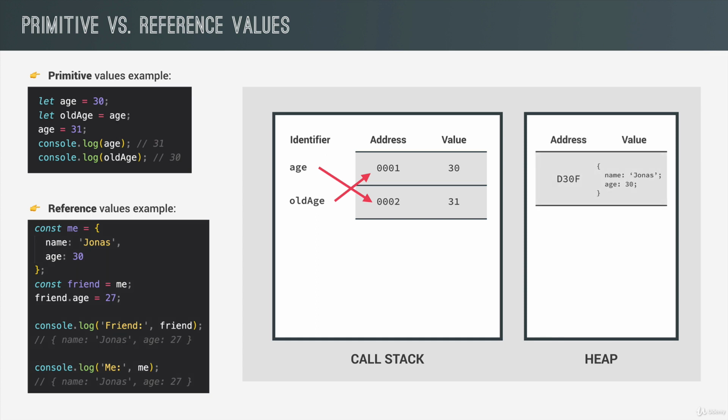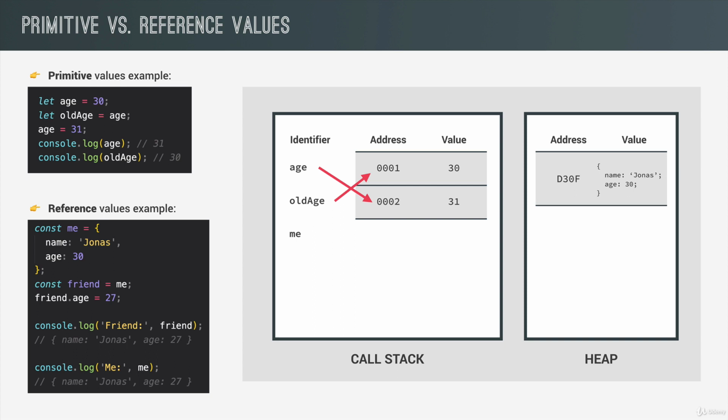And as before, there is a memory address and then the value itself. Now, in the case of reference values like this me object, the me identifier does actually not point directly to this newly created memory address in the heap. So in this example, D30F.